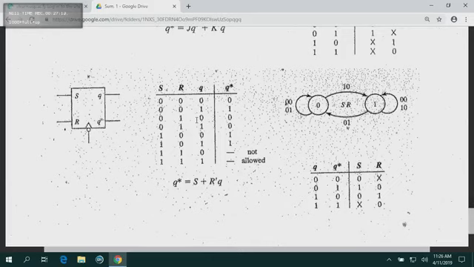S, R, and Q. The lowercase q, that's the notation I just want to show you. That Q is Qn, and Q star is Qn plus 1. Sometimes they use Q and Q star.